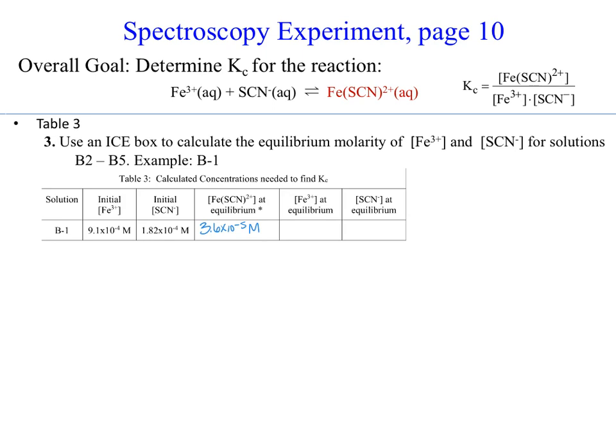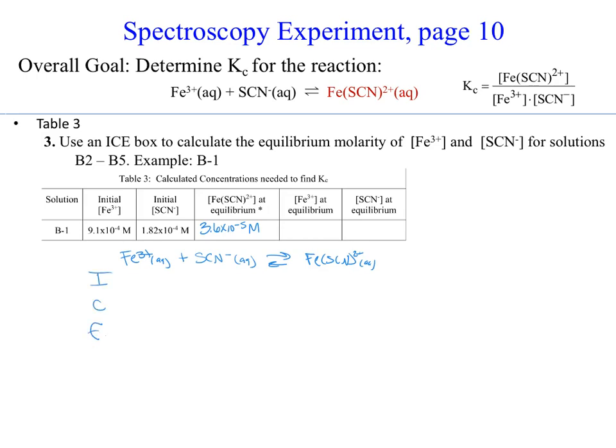So we can use an ICE box because I'm given two initial values and the equilibrium value of one product, and I can find the equilibrium values of the other. To use our ICE box, the first thing you have to do is write your balanced chemical equation: Fe3+ aqueous plus SCN- aqueous in equilibrium with FeSCN2+ aqueous.